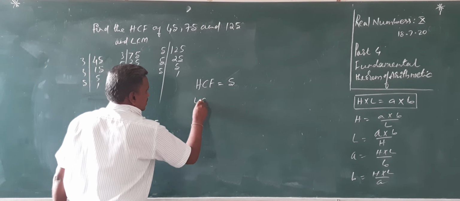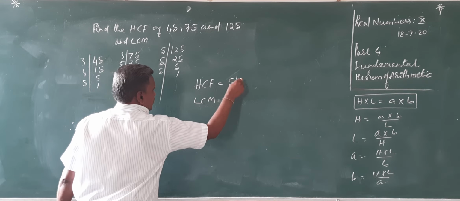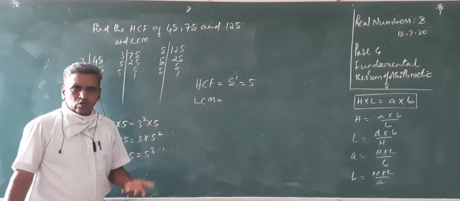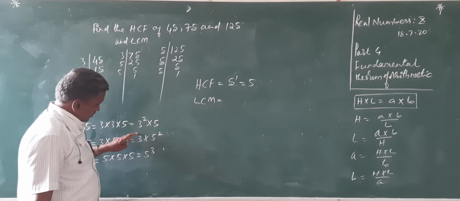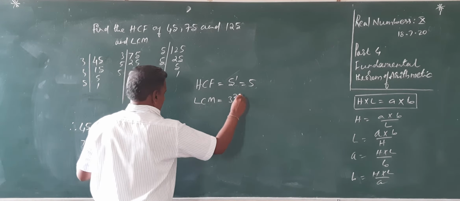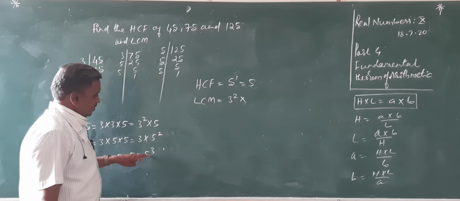So LCM. LCM means all primes with the highest power. 3 is common, so the highest power is 3 square. 5 is common with the highest power, 5 cube.